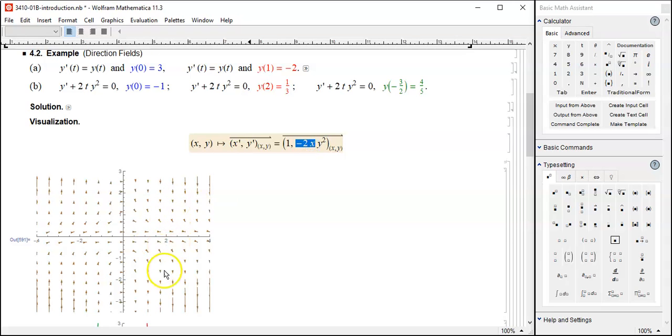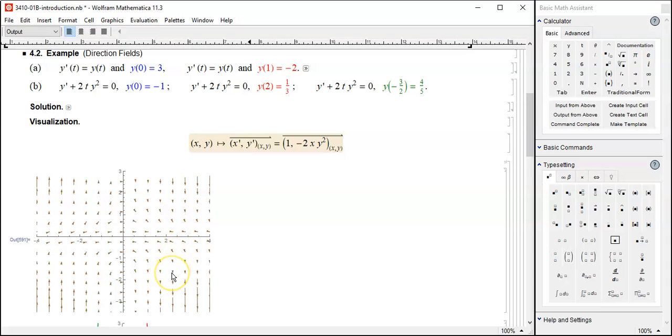So for example, if I select this point somewhere around here, y squared is always positive, and then negative 2x. x is positive, in the first quadrant. So negative 2x, so we have negative. Y squared is always positive, so overall negative. So as you can see, the arrow is pointing downward, coming down.